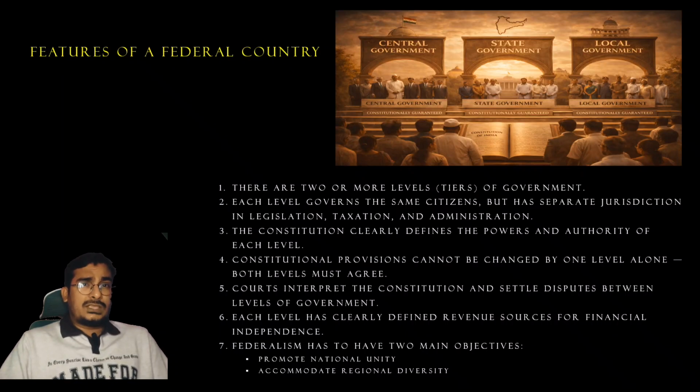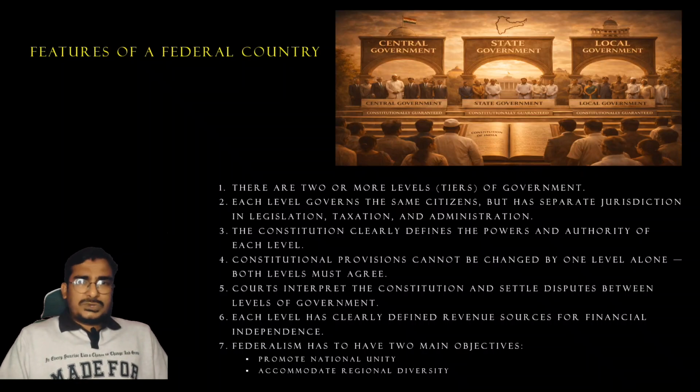Constitutional provisions cannot be changed unilaterally. It requires the consent of multiple levels. Then we also have clearly defined revenue sources for financial independence of all these levels of government. And the main objective of federalism should be to promote national unity and to accommodate regional diversity.